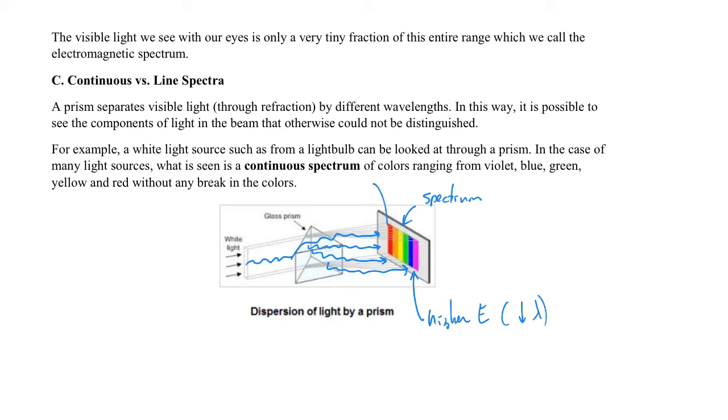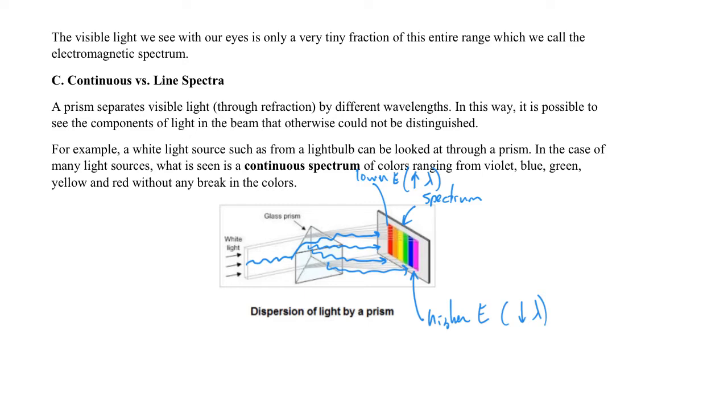And we see over here red, which is lower energy, right? Because it has a greater wavelength, okay? So we can actually look at the light and look at the energies that are present in the light once we've sent them through a prism and then separated them. So a prism is kind of like a tool that we can use to separate a light, which is a mixture of different wavelengths, into individual wavelengths, and then do some analysis on that to understand what's going on. So this is the dispersion of light through a prism.